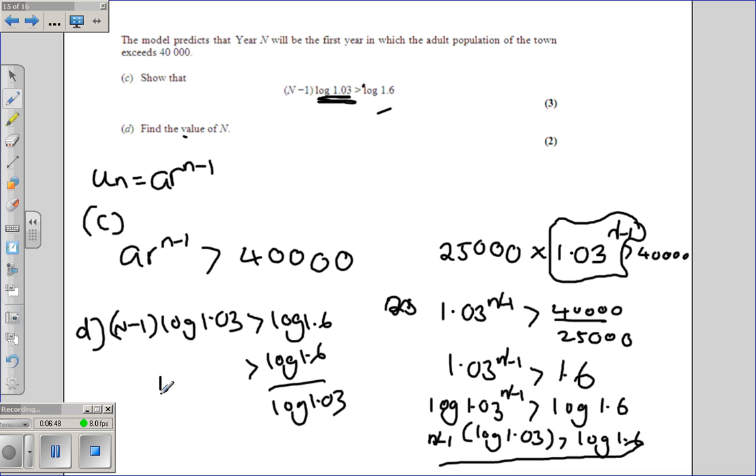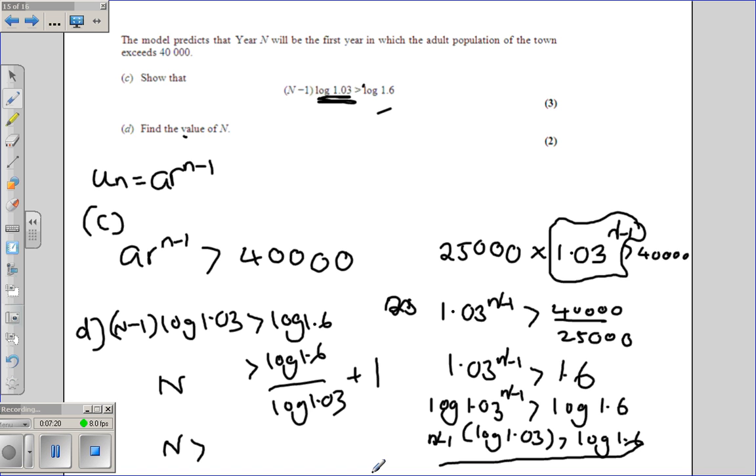And that will give you n minus 1. Now, because I'm lazy and I don't have room to write it, I'm going to take the 1 over now and make it plus 1. So n is greater than that plus 1. I'm going to type this in. So log of 1.6 equals that, divided by log of 1.03 equals that, plus 1, don't forget to add that 1.